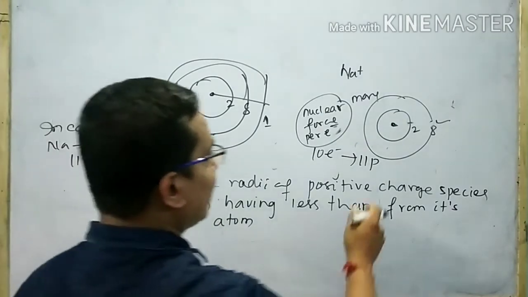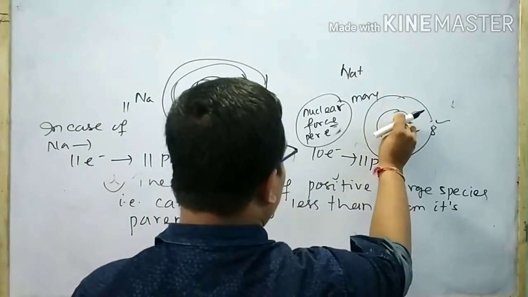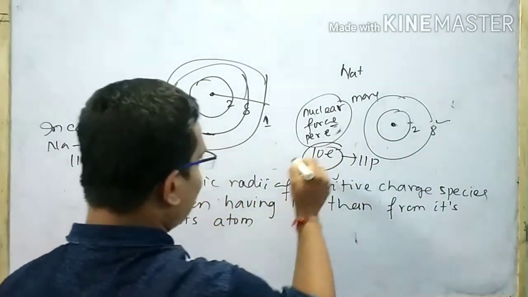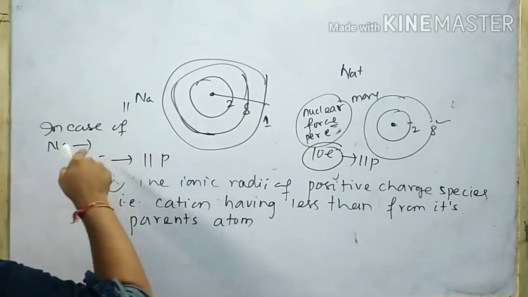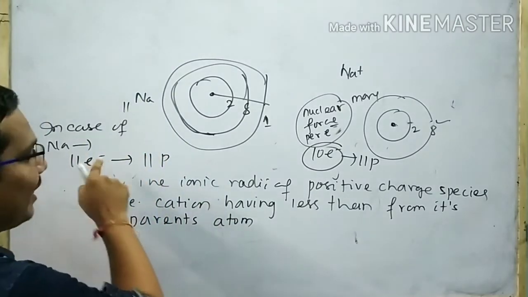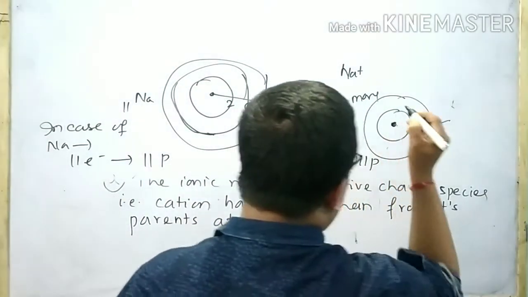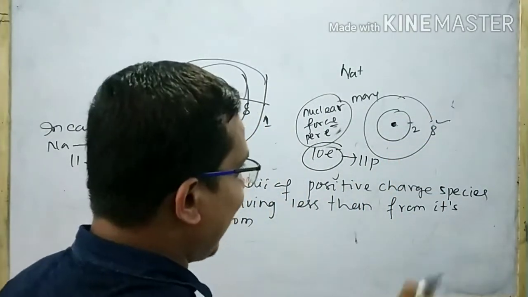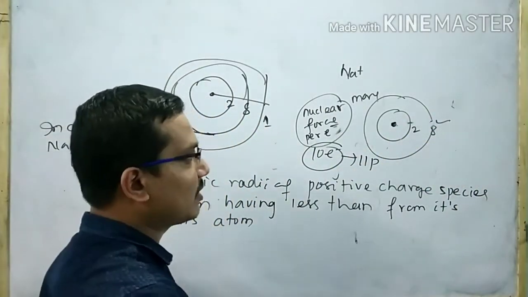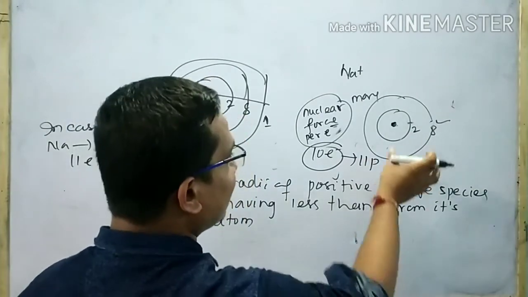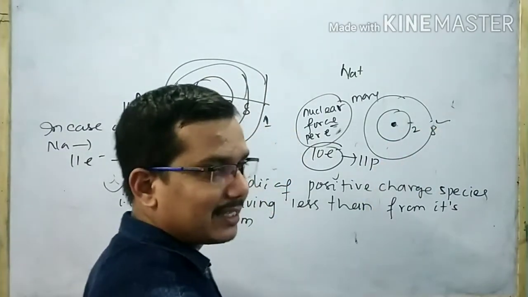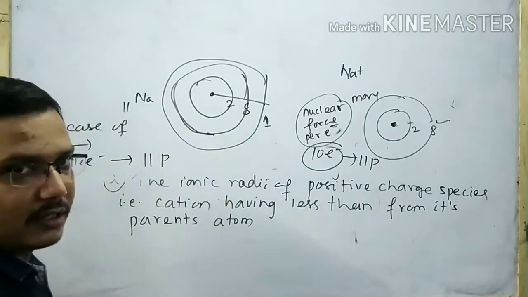That means there is more nuclear force for 10 electrons as compared to these 11 electrons. So the more nuclear force attracts the valence electron more. As a result, the distance decreases as compared to this.